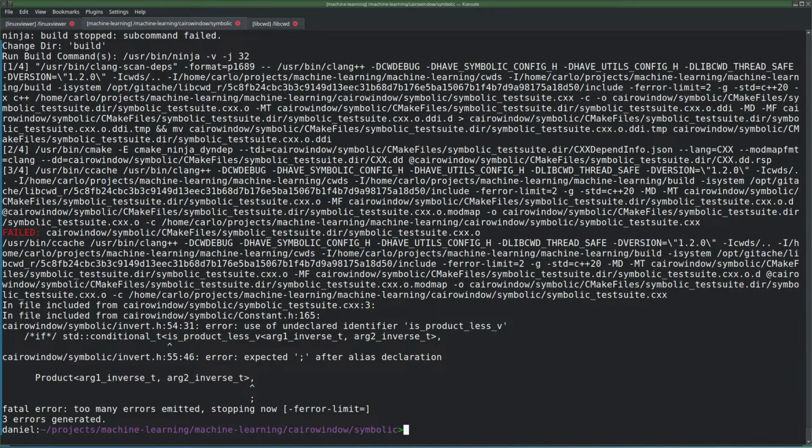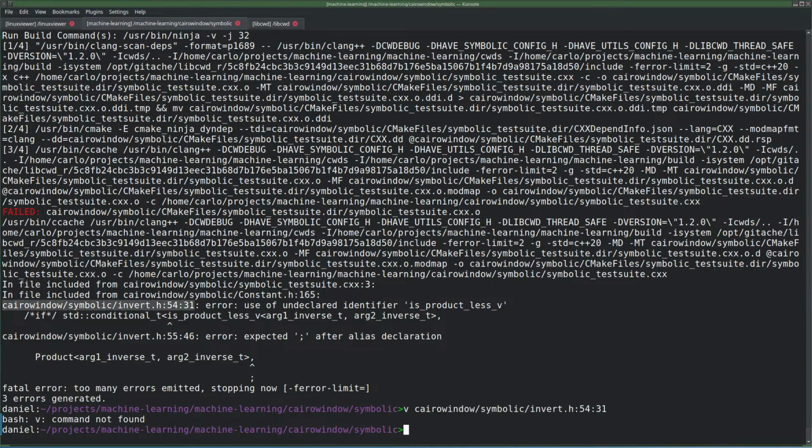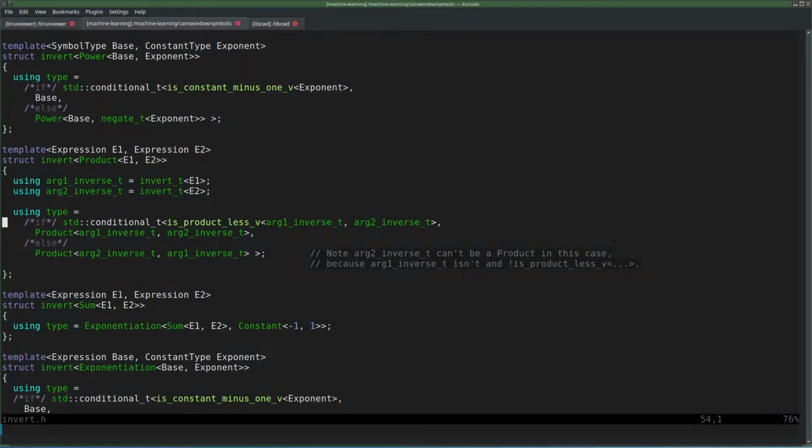Nope. Now we don't have is product less in invert. Yeah. That is indeed only defined after knowing what product is.